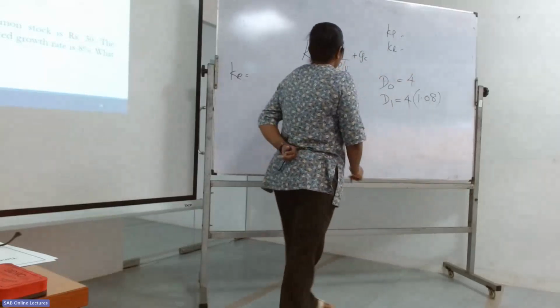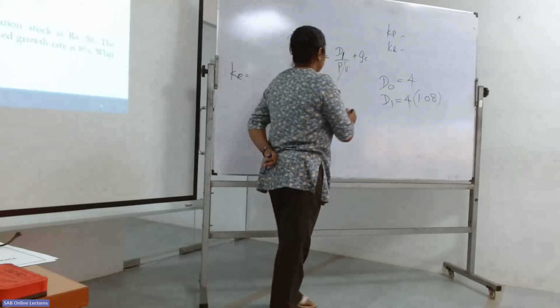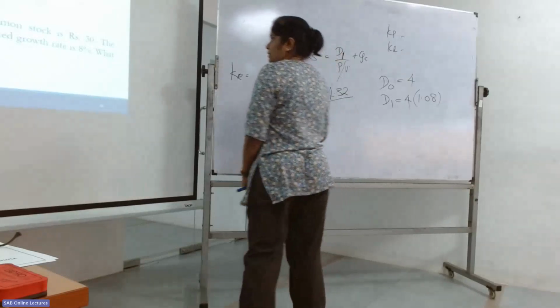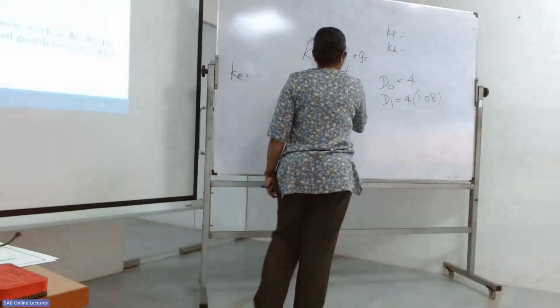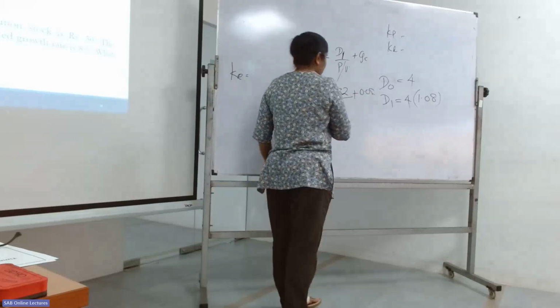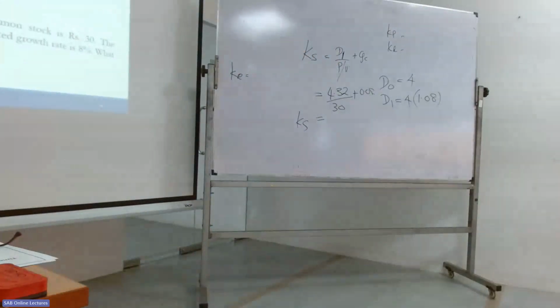So then your D1 is how much? 4.32. 4.32 divided by price or value 30 rupees plus growth rate 8%. So your cost of external equity is how much? 22.4. So this is the dividend growth model.